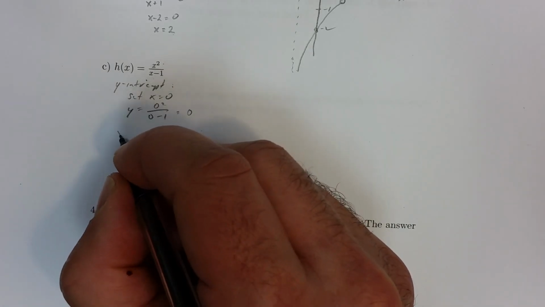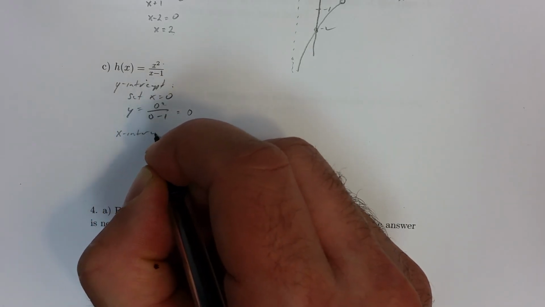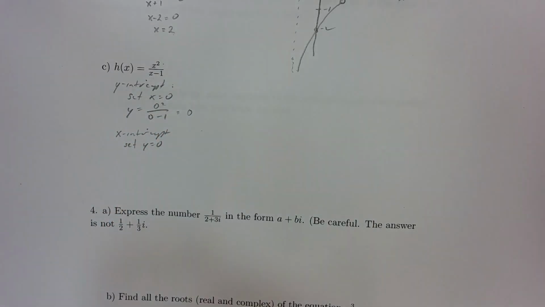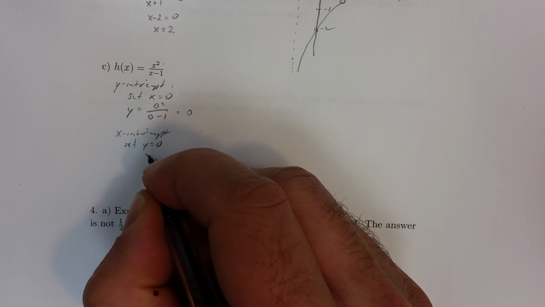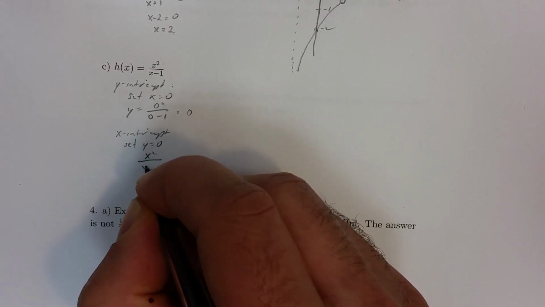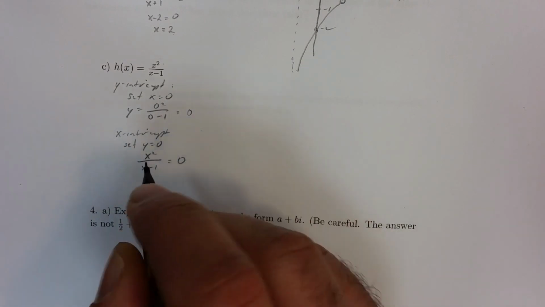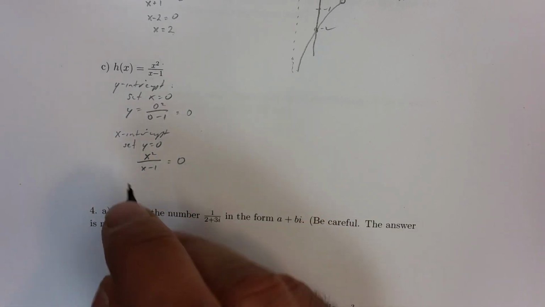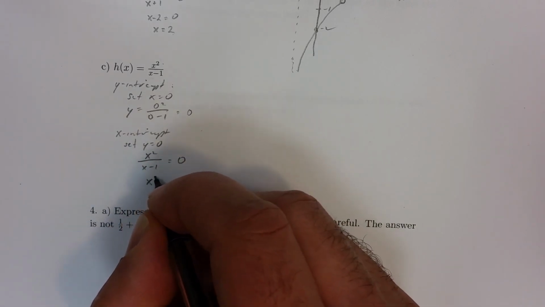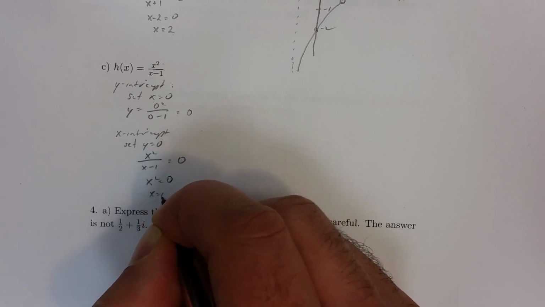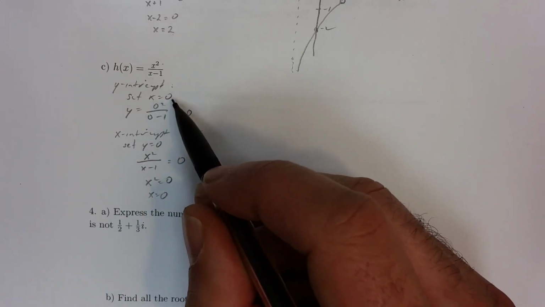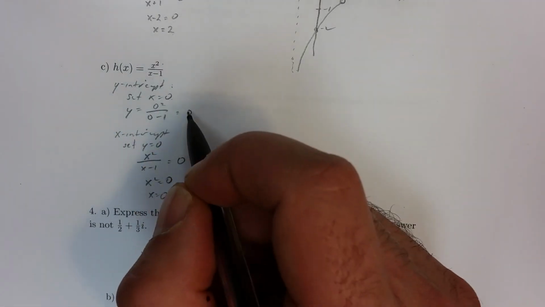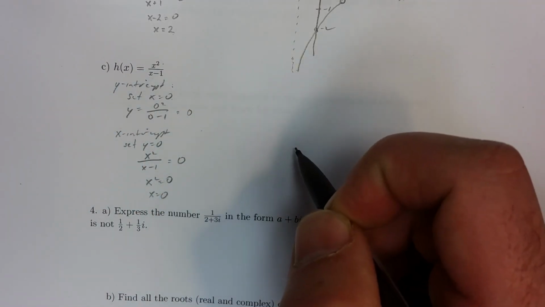Our x-intercept, we'll set y equal to 0. So we have x squared over x minus 1 equals 0. A fraction is equal to 0 when the top's equal to 0, provided the bottom isn't 0 there too. So we have x squared equals 0, or x equals 0. So this thing only touches the axes at x equals 0, y equals 0.